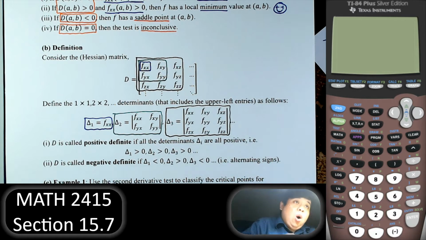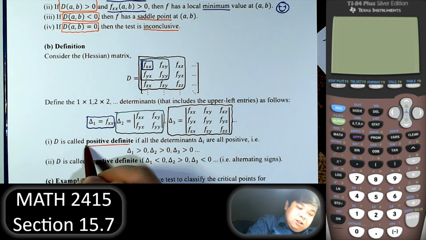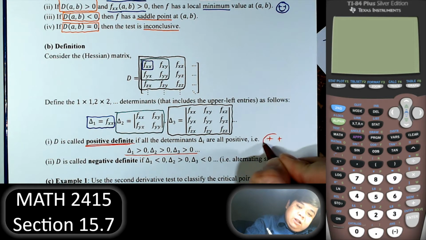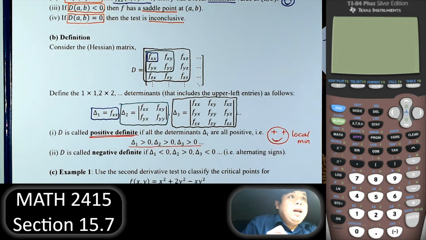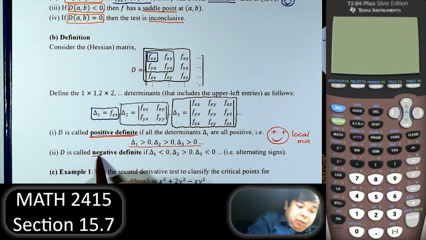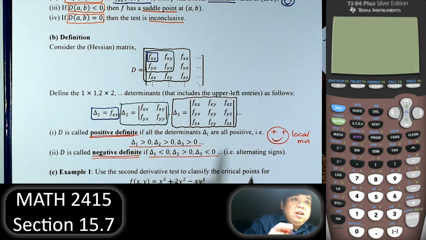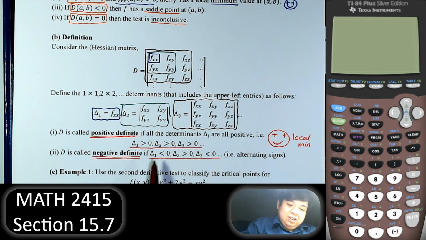Now, on the deltas, if all of them are positive, it is called positive definite. If all of them are positive, there will be a local minimum. Now, it is called negative definite if the deltas alternate in sign: negative, positive, negative, positive, like that.